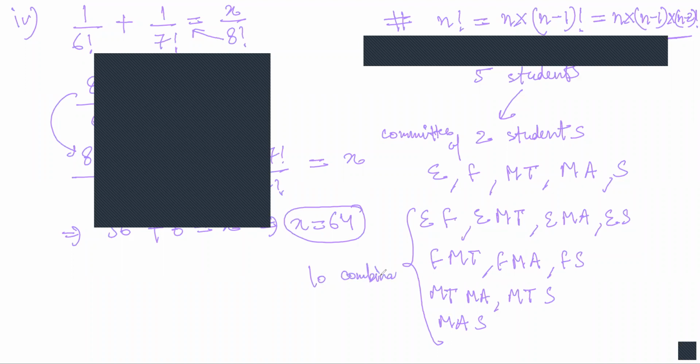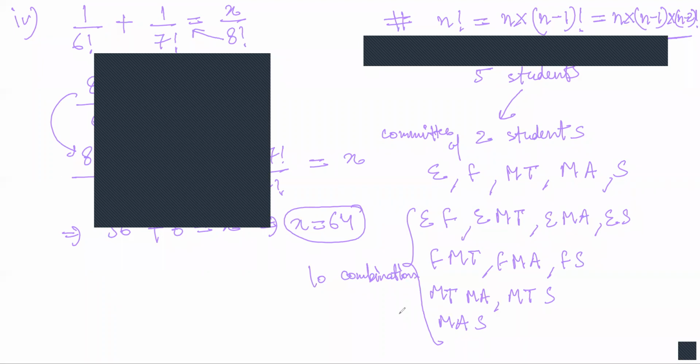So what I mean to say is you can make 10 different committees and every committee will consist of two different people, right? Every combination is different. So there are total 10 committees which we can make. There will be one committee which will be formed, but there are 10 ways to do that. So what is this?